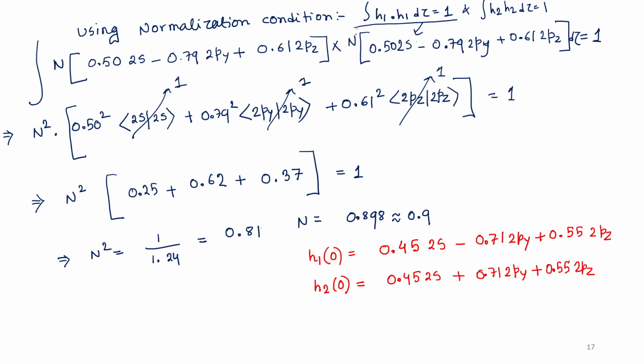So one can check whether 0.45 square plus 0.71 square plus 0.55 square is 1 or not. As I have taken some terms after the decimals, that's why the sum is coming to be 1.0091, which you can actually think of as 1, and these are normalized.